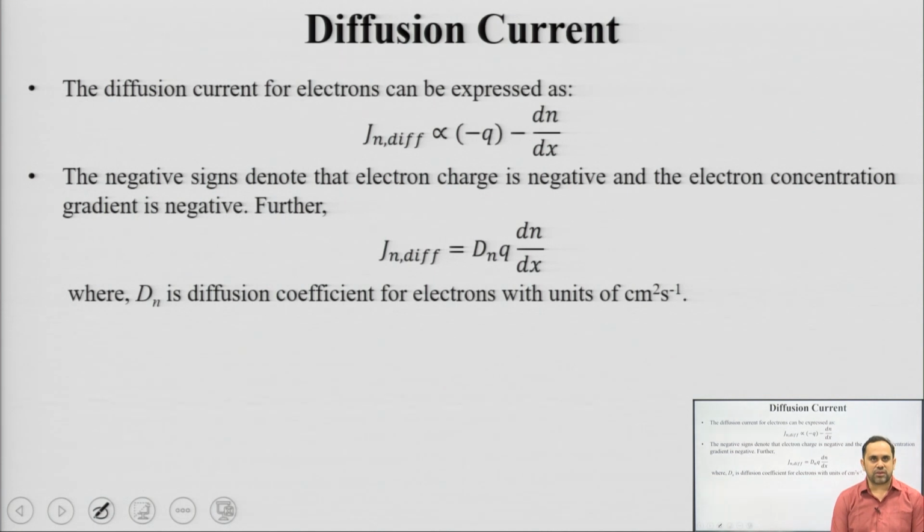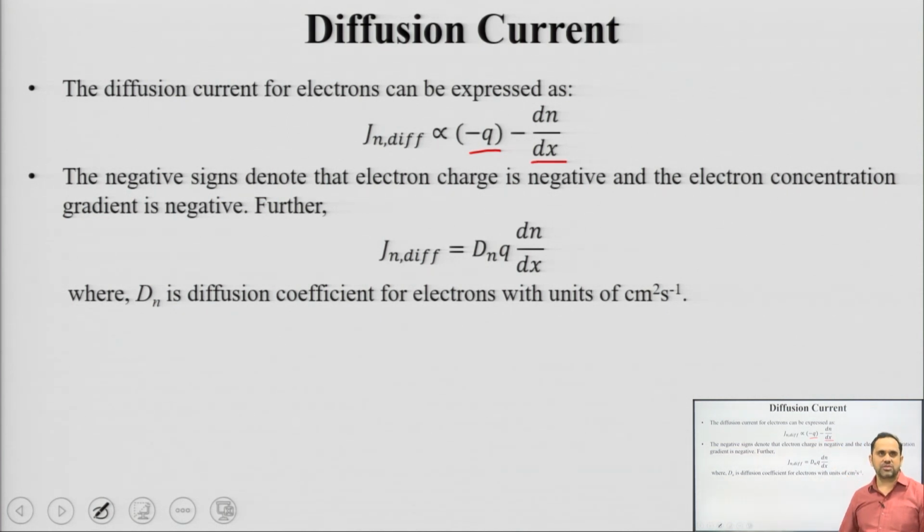So, even if the region is localized in a very large semiconductor, there is a small localized region where a concentration gradient exists. Okay. In that region you can have diffusion current. So, a concentration gradient first has to exist for diffusion current to flow. This diffusion current is proportional to the charge as well as the concentration gradient.